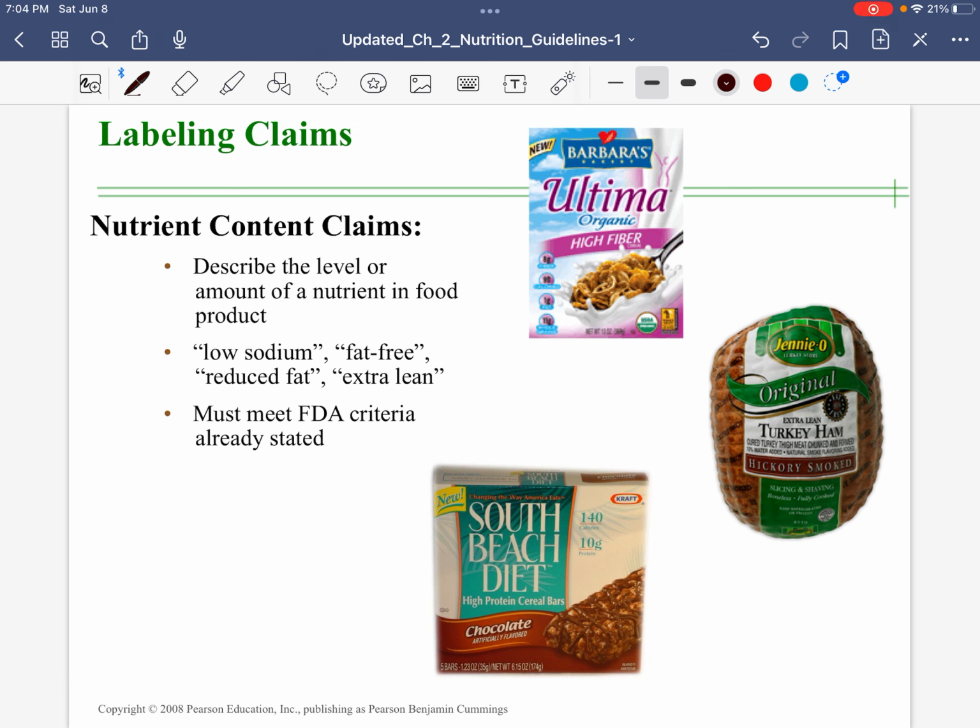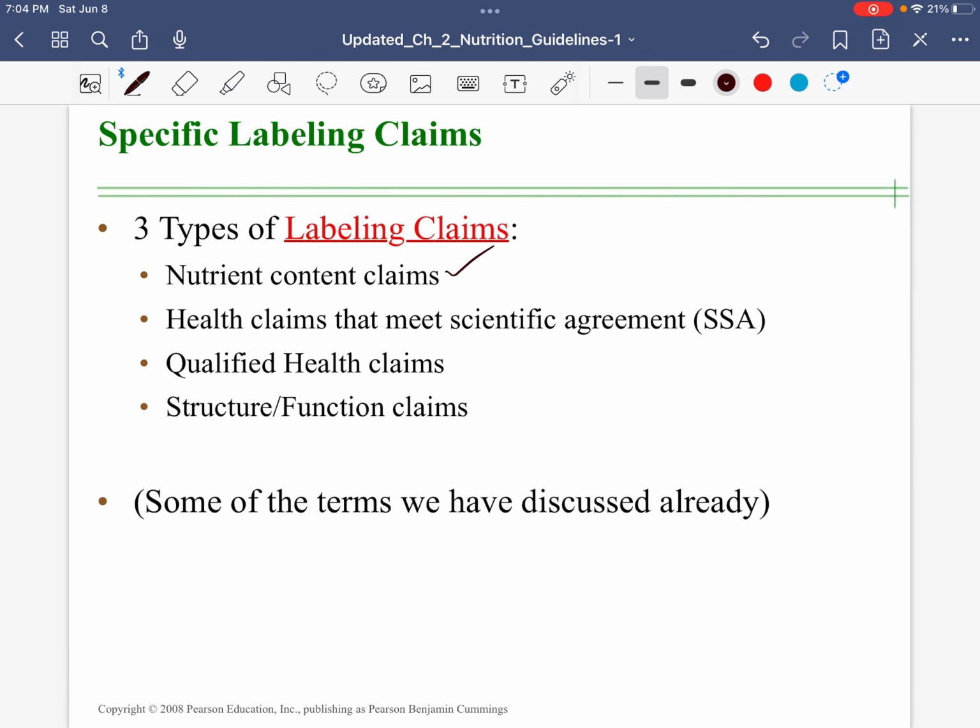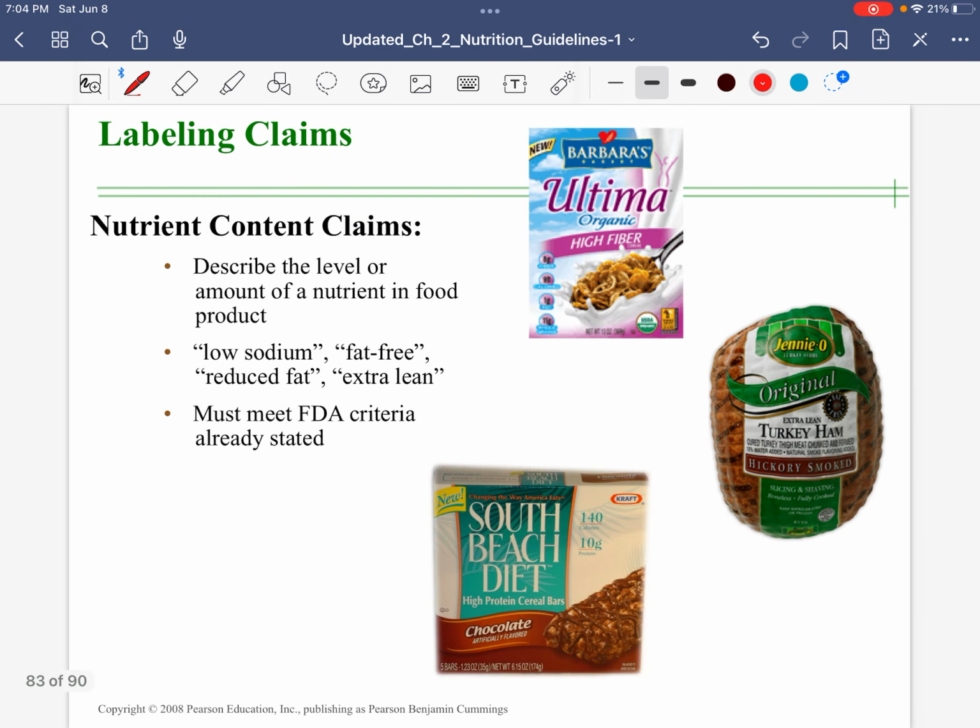Labeling claims. The first one is a nutrient content claim, right? This means what it sounds like. It's a claim that a company can make about that food's nutrient content. So what are some examples? Low sodium, fat-free. We just talked about this. They do have to meet criteria, which is a good thing.